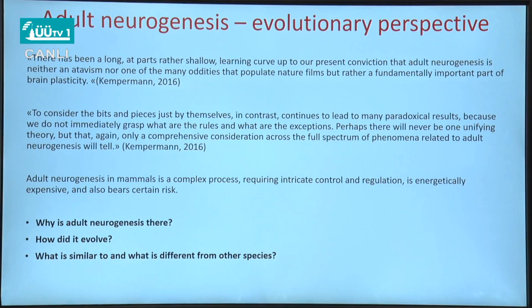So it's a very complex process. It requires a very intricate control and regulation. It is energetically very expensive, and it also bears certain risks, like every proliferating cell pool also has the probability to become a tumor, a cancerous tumor.